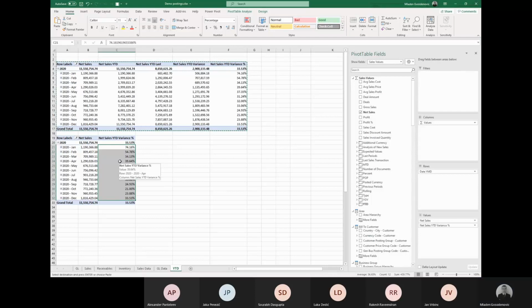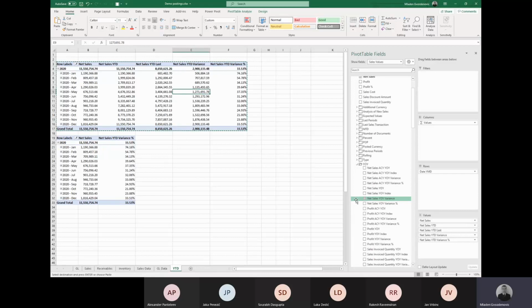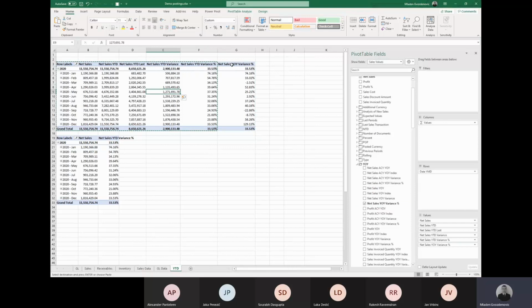Now, shortly, let me just show one more variance, which is year on year. If I bring year on year variance, then this year on year variance may be different. And let me just explain what is year on year. If I compare year on year, then I'm not starting from the beginning of the year, but I'm going against the previous period, which is a year back.